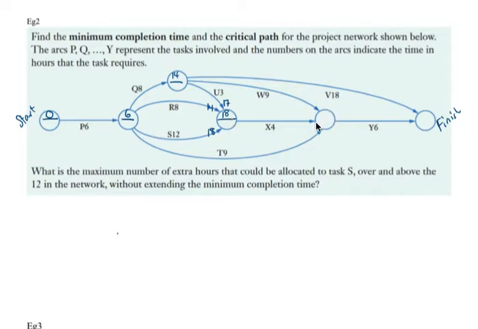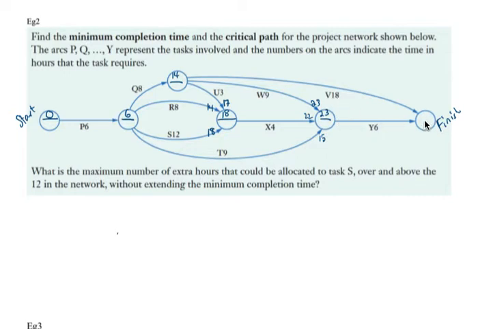Next, we look at this node. We know everything going from it, so therefore we can calculate it. 14 plus 9 is 23. 18 plus 4, 22. 6 plus 9, 15. Therefore, 23. Choose our maximum value.